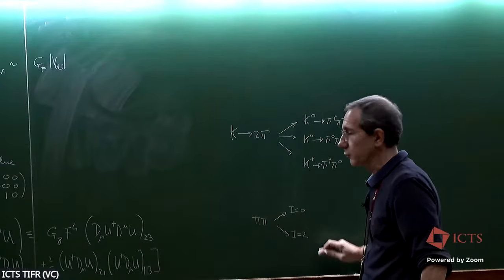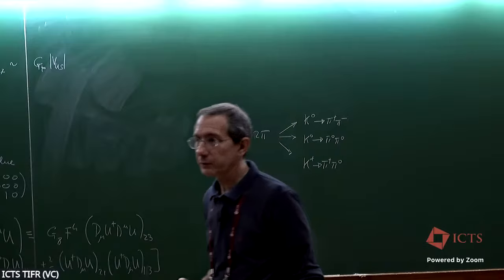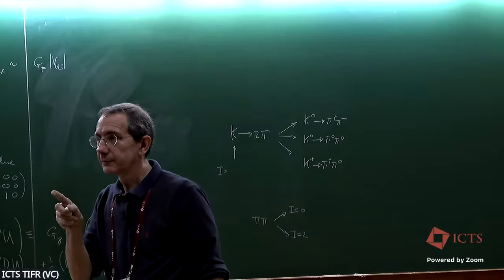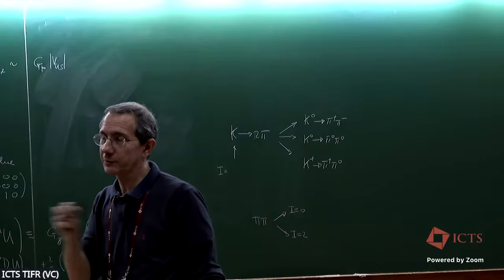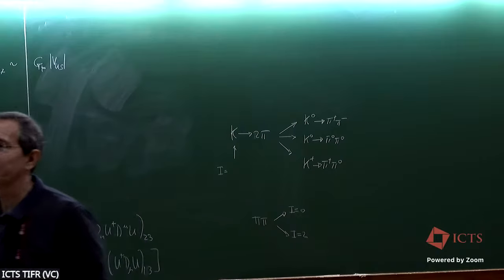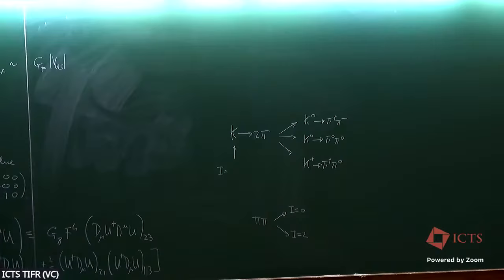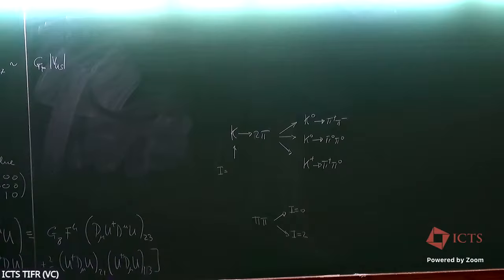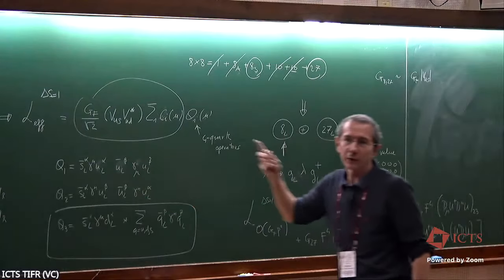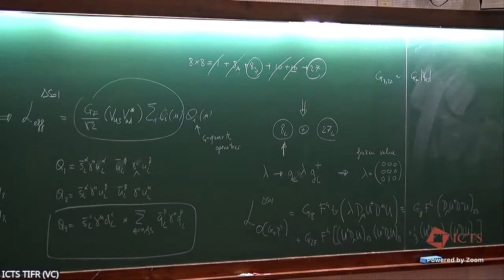The kaon has isospin. What is the isospin of the kaon? It has only 1 d or 1 u, so it's 1/2, right?